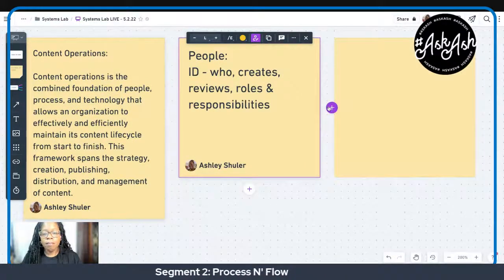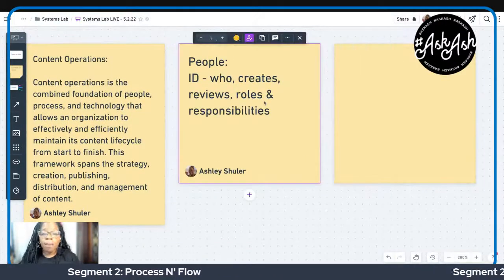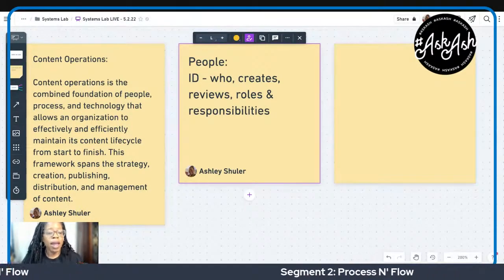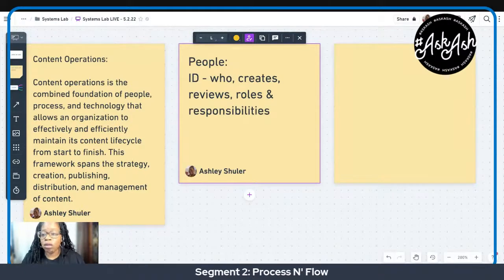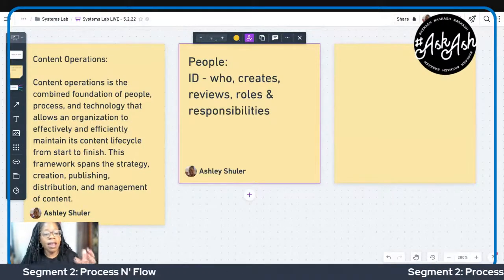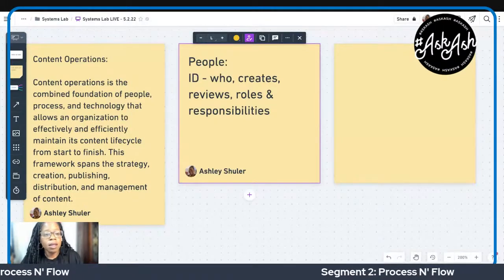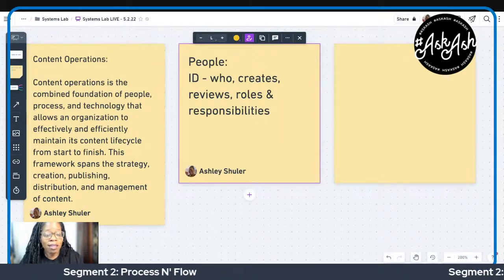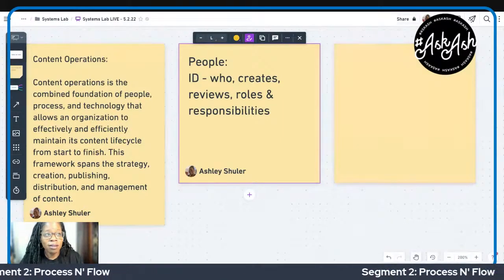All right. So in a company, that means we're looking at the graphic designer, the blog writer, and who else is out there?